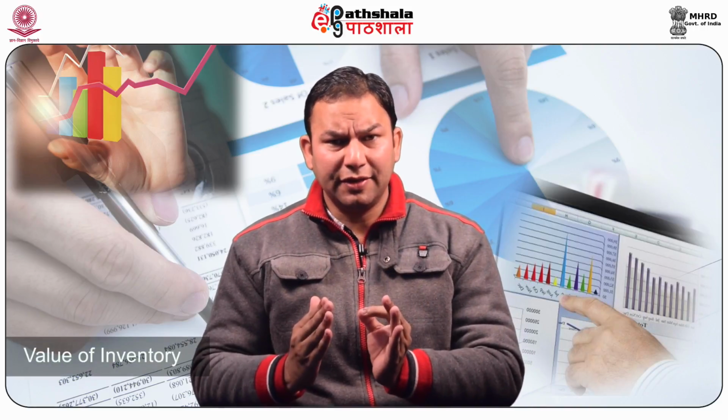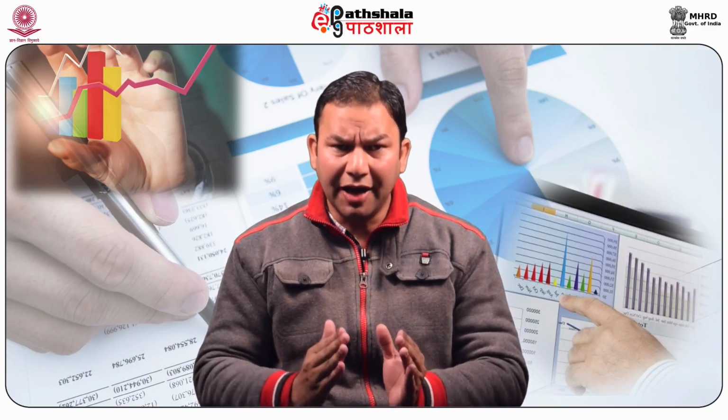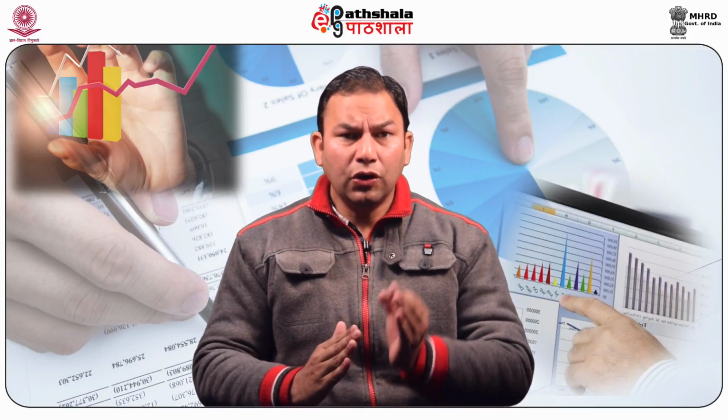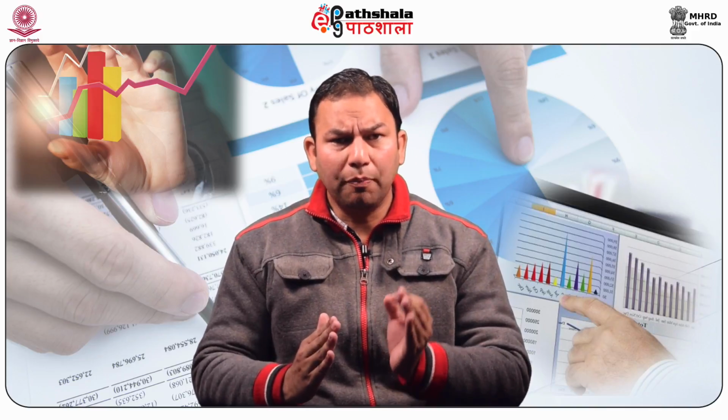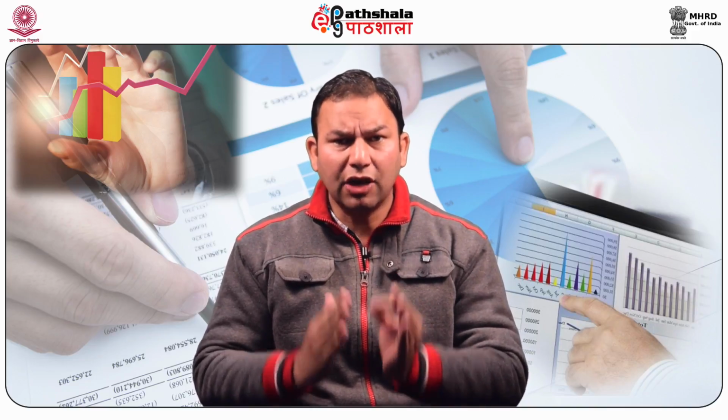In this method, the value of inventory in hand will always be the most recently purchased items valued at the most recent or current prices. The cost of goods purchased first is the cost of goods sold first. This means the cost of goods sold is taken at older prices.